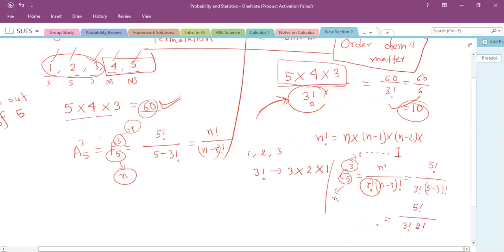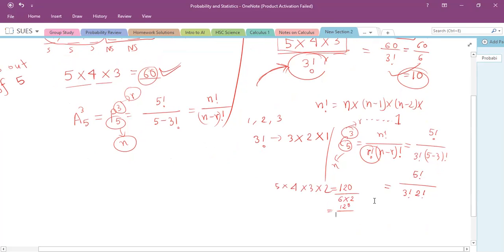So 5 factorial is 5 times 4 times 3 times 2 times 1, which is 120. And 3 factorial is 6, and 2 factorial is 2. So 120 divided by 12. So the answer will be 10, right?